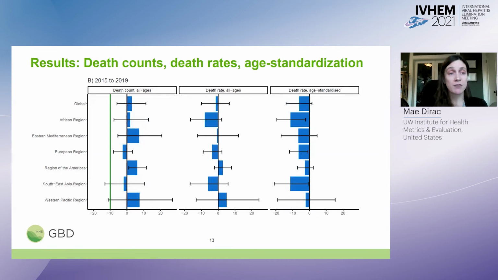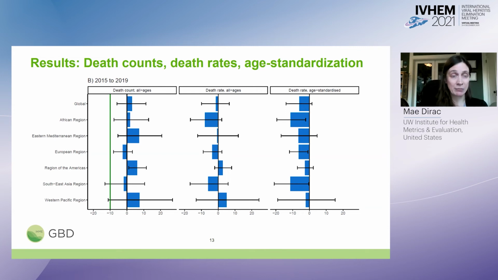If we then focus in on the period from 2015 to 2019, the time since the establishment of elimination targets, we see that progress is best when viewed as an age-standardized death rate, more of a mixed picture if we look at all age death rates over time.